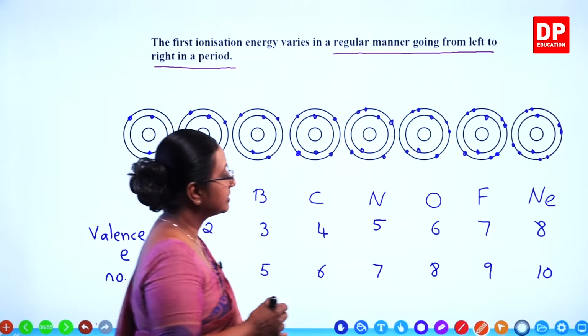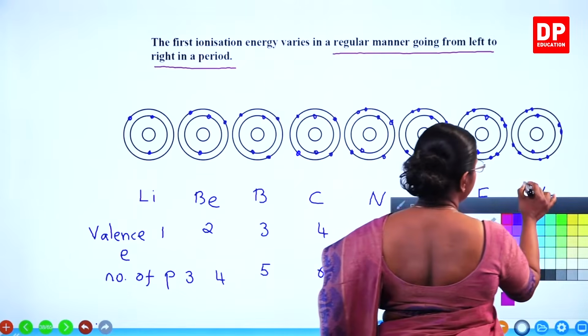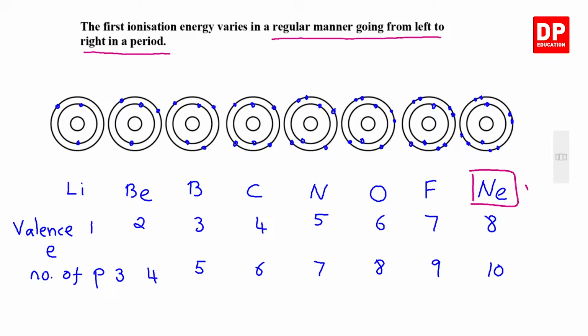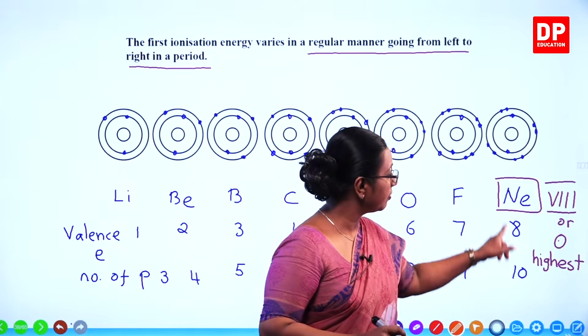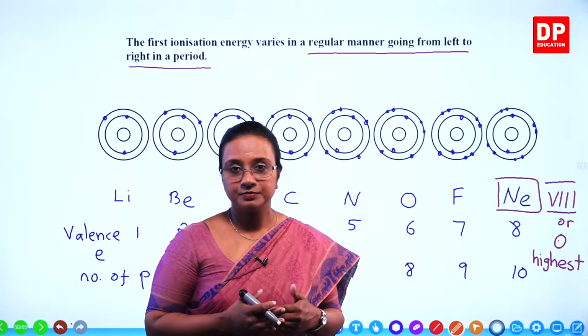In that sense, the group 8 elements, neon belongs to group 8, or what we call group 0, has the highest first ionization energy in a certain period, because the attraction between protons and electrons is very, very high.